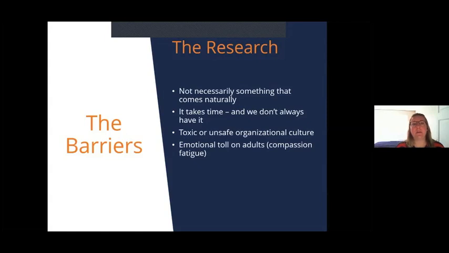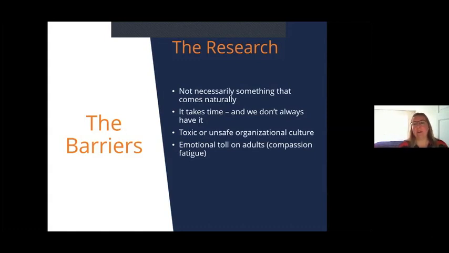Our ability to develop these relationships is also influenced by our understanding of the climate that we're working in, right? So if we're in a school that we feel is kind of toxic or seems like an unsafe or burdensome environment as a whole, or the organizational culture is troublesome, we won't be as successful at developing those relationships, right?